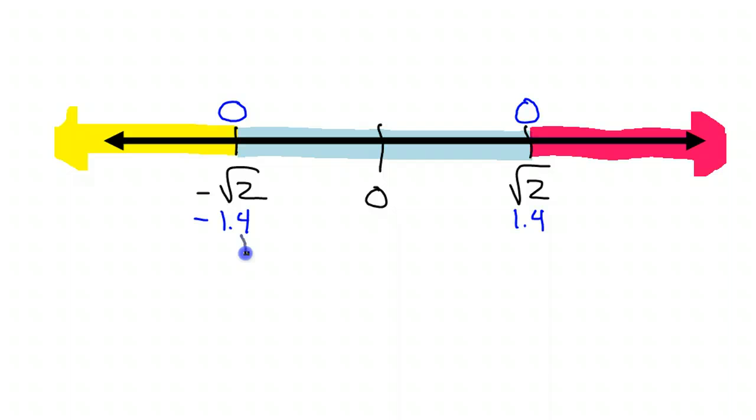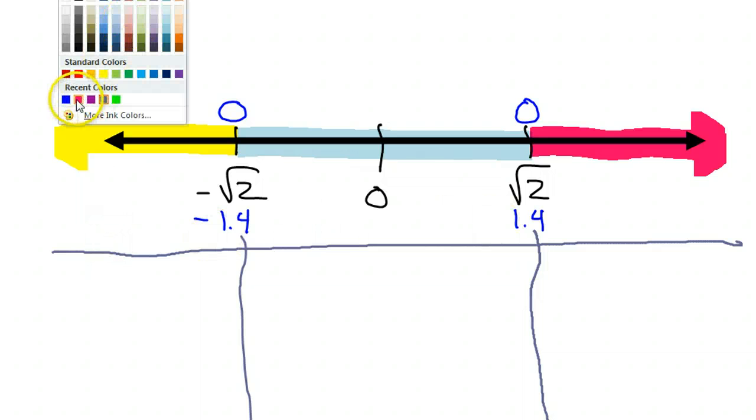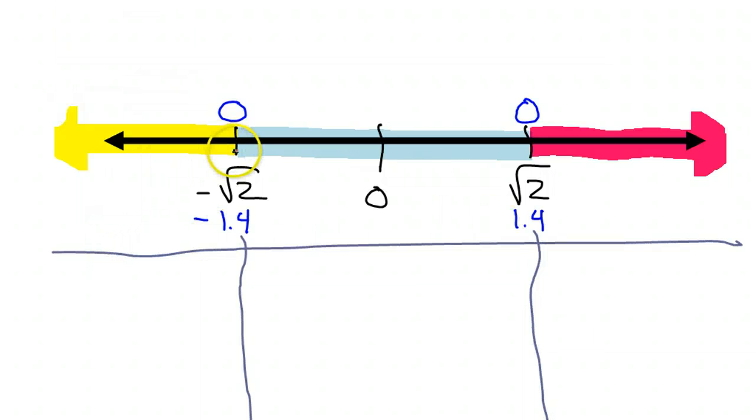I like to make a little chart to keep me organized in my work. I recommend you do the same. In each one of these zones, I'm going to pick a test value. So I need a test value to the left of negative radical 2. That means less than negative 1.4.